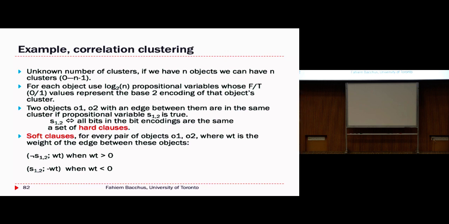Okay? And then you write a bunch of soft clauses. If there's a positive weight between objects 1 and 2, then you want to satisfy S. You want to make S true, and if you falsify it, you're going to incur the weight. If they're negative weight, then you want to keep them in separate clusters. And so if you do satisfy S, you are going to incur a weight.